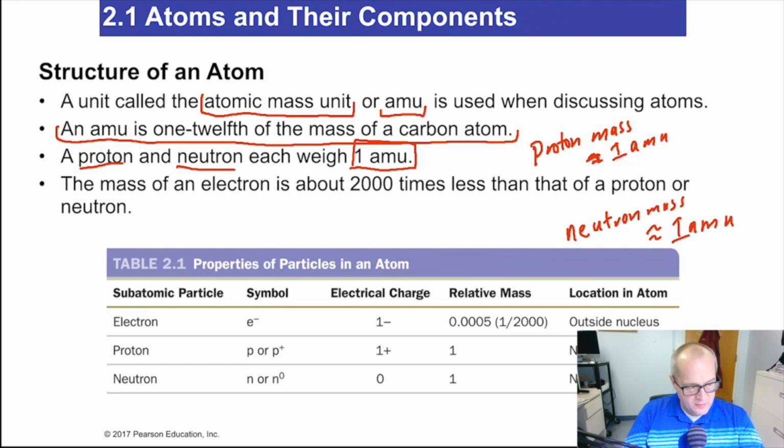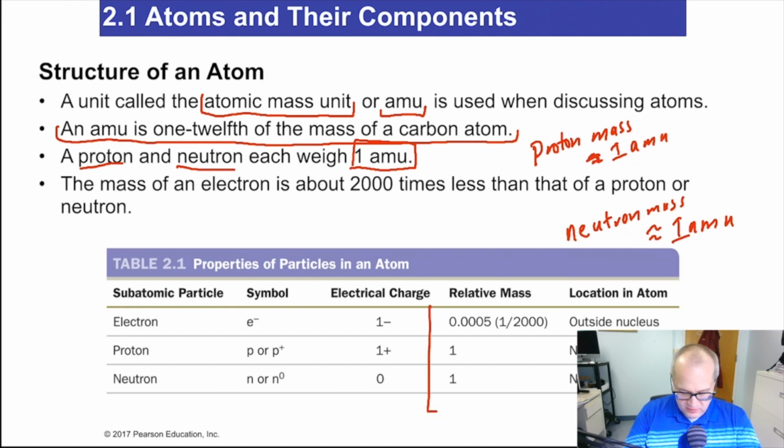They're not exactly 1, but they're close to it. Okay? Now an electron is much less massive than that. So protons have an atomic mass unit of 1. Neutrons have an atomic mass unit of 1. Electrons have very small masses, relatively speaking, very small.